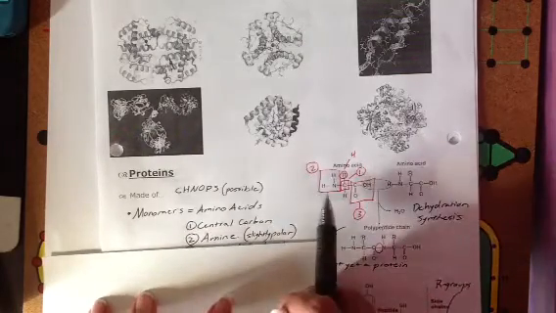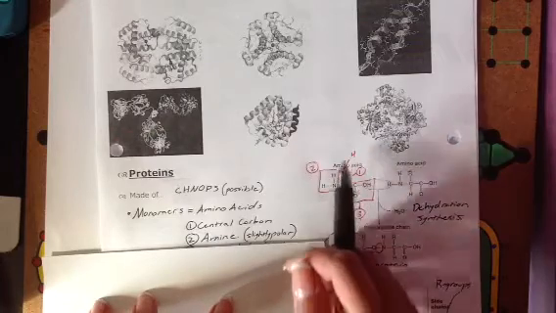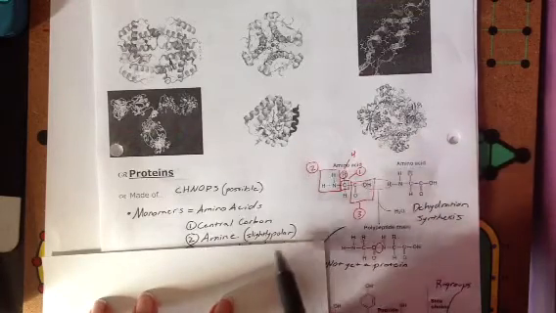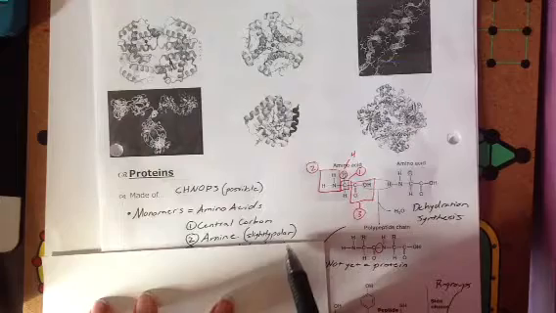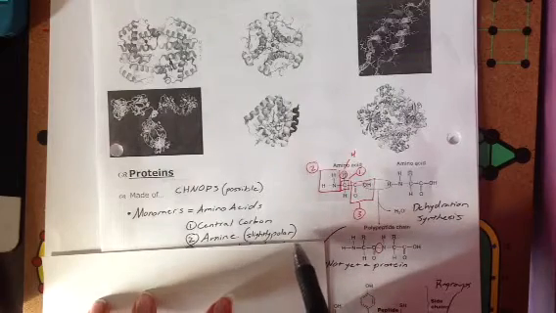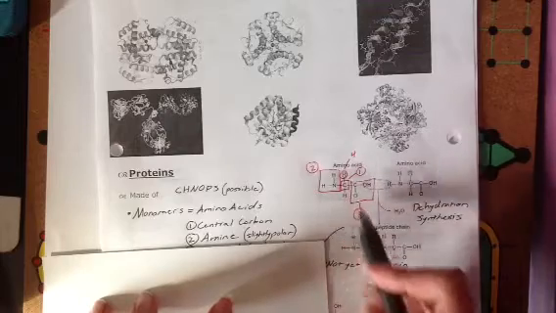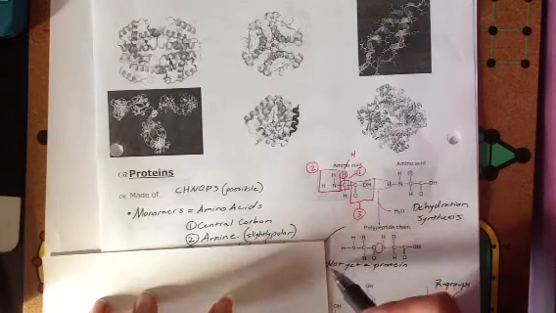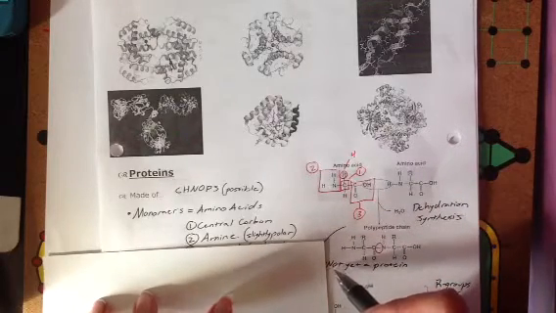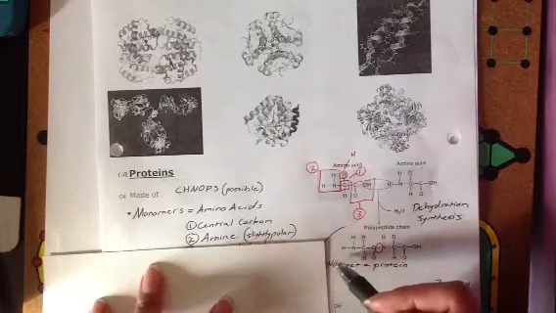Next, they're going to have an amine group. And we want to remember that this is one of those functional groups that are slightly polar. Just like with our other macromolecules, the charges, the electronegativity, the bonding between the atoms are going to affect the overall function or shape of that structure.